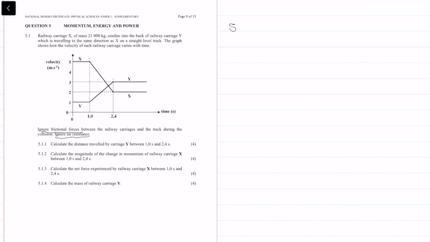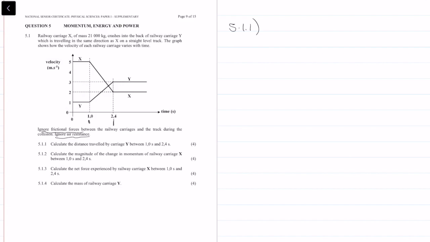So we can start with question 5.1.1, and it says, calculate the distance traveled by carriage Y between 1 second and 2.4 seconds. So 1 second is right here, and 2.4 seconds is right here.